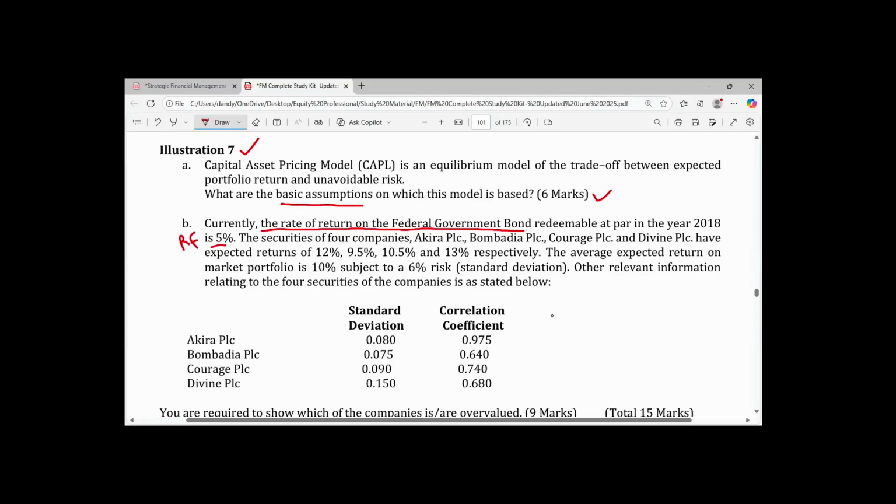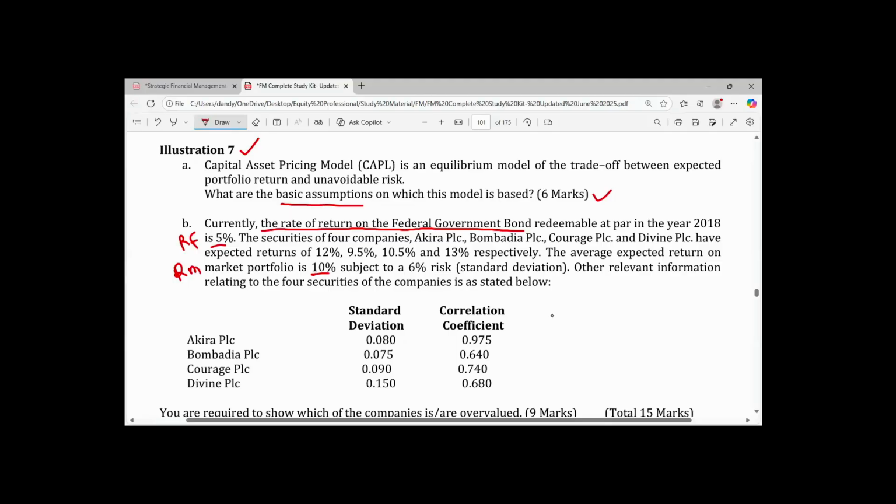The securities of 4 companies, Akira PLC, Bombardier PLC, Courage PLC, and Define PLC, have expected returns of 12%, 9.5%, 10.5%, and 13% respectively. The average expected return on the market portfolio is 10%. So that's the market return, subject to a 6% risk, that is, standard deviation.